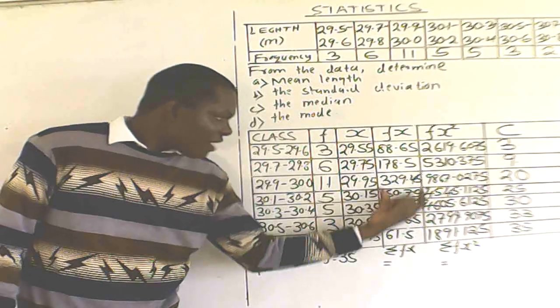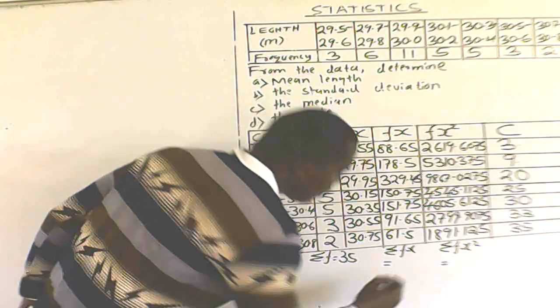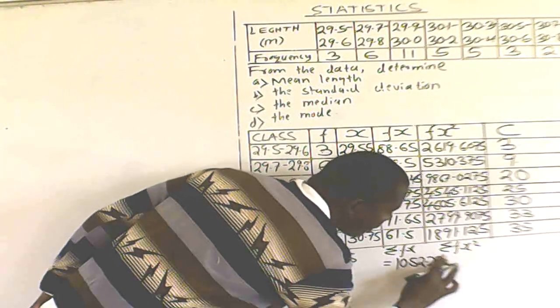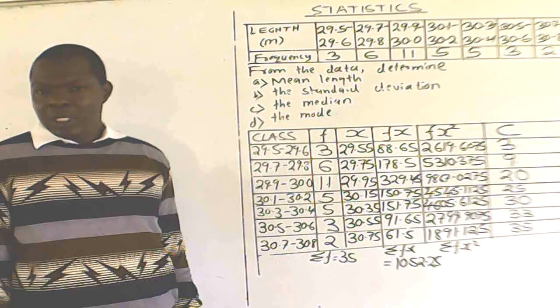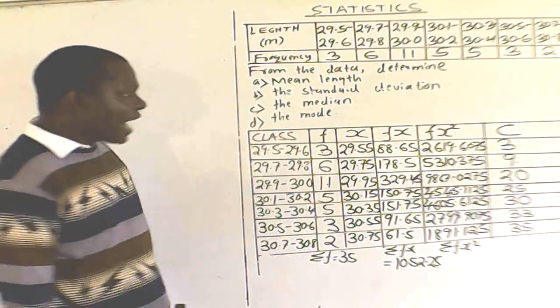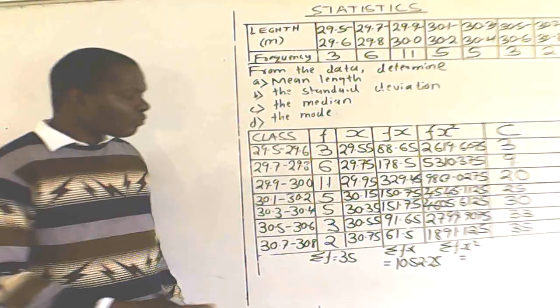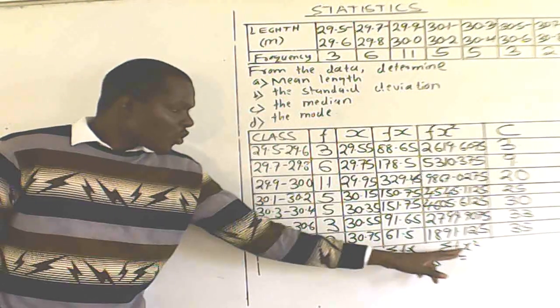If you add up all these fx values, what do you get? 1052.25, isn't it? You get 1052.25 if you add up all the fx. Again, if you add up all the fx squared, you get summation fx squared.